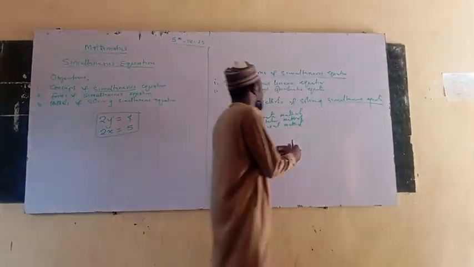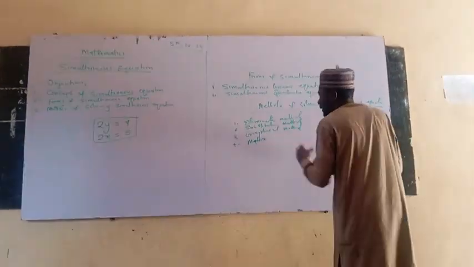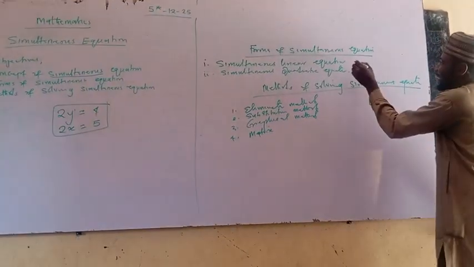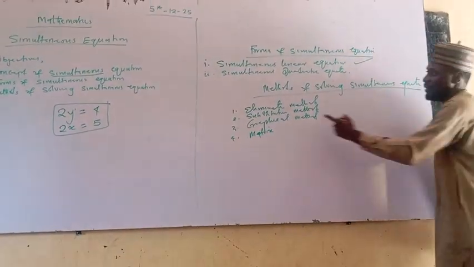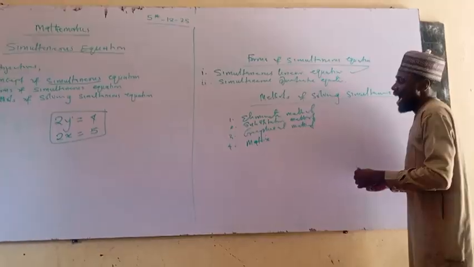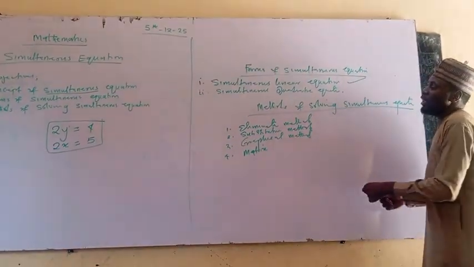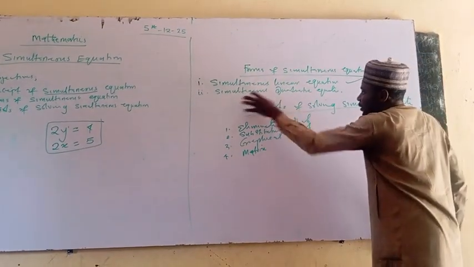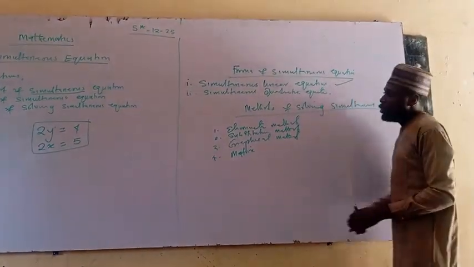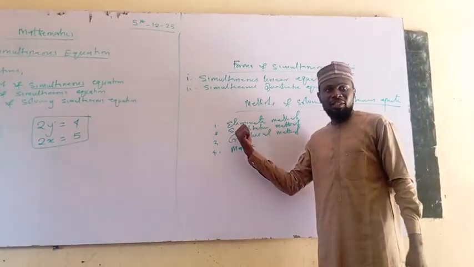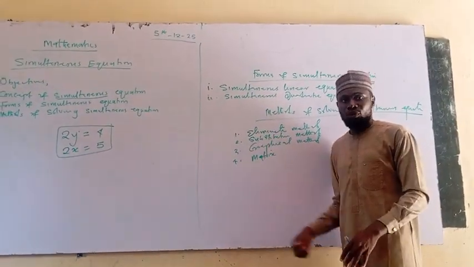But we'll look at how to solve simultaneous linear equation first by elimination method and by substitution method, before we come back and look at how to solve simultaneous quadratic equation also by elimination method and by substitution method.